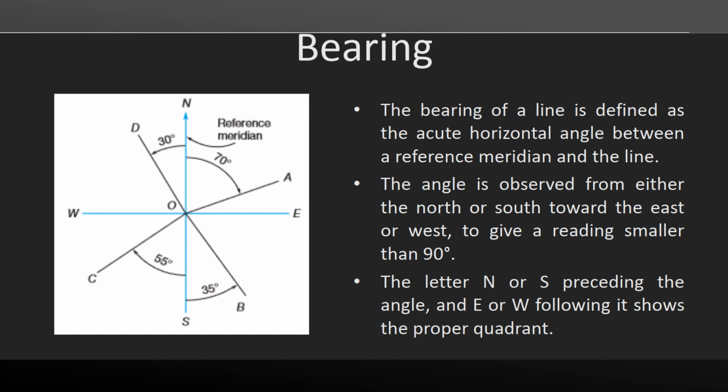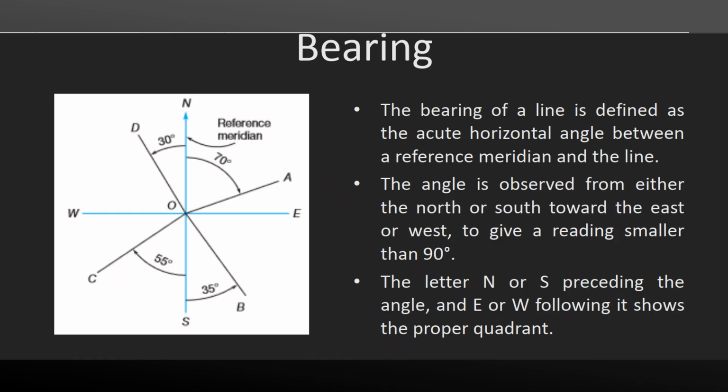The letters N or S come before the angle, indicating where the measurement starts from, north or south. The letters E or W come after the angle, indicating whether the line is measured toward the east or west.